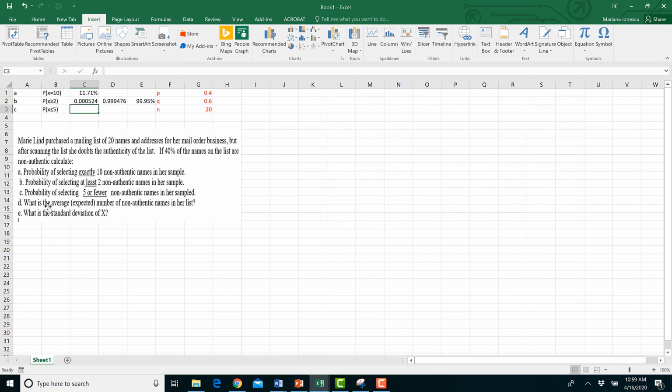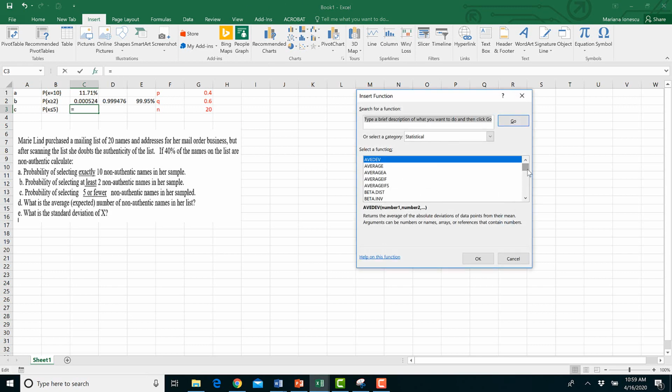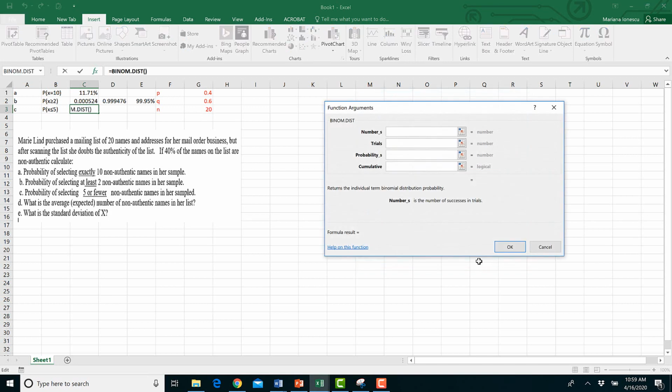We are looking for part C to calculate the probability of selecting 5 or fewer non-authentic names in her sample list. So again, we are going in insert function. We are looking for statistical binomial distribution. So the number is 5 or less than 5, trials 20.